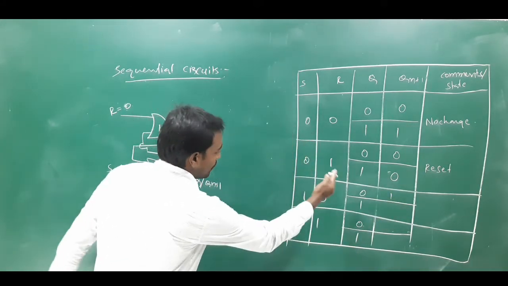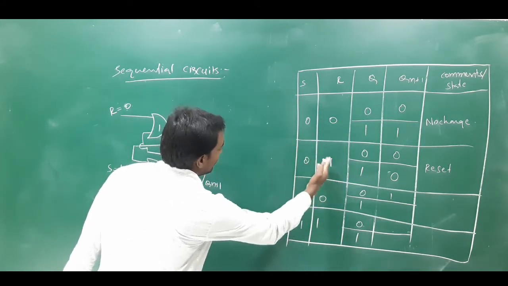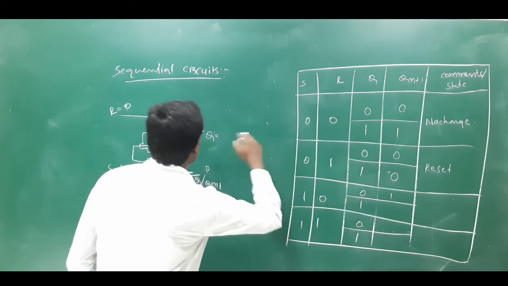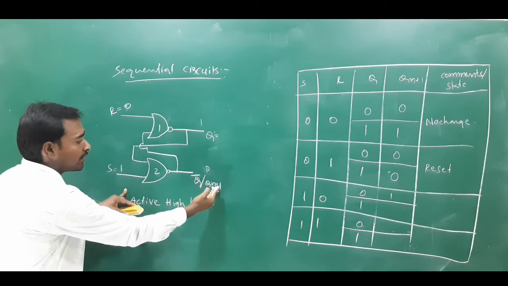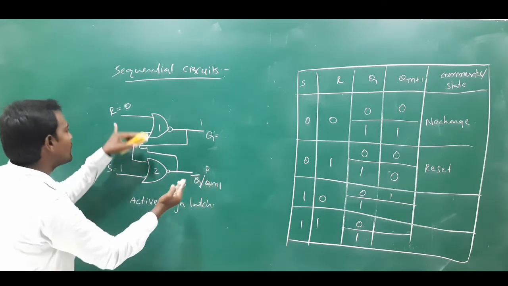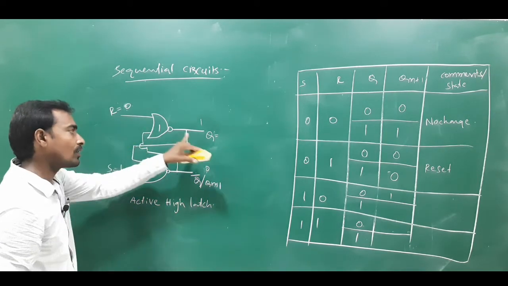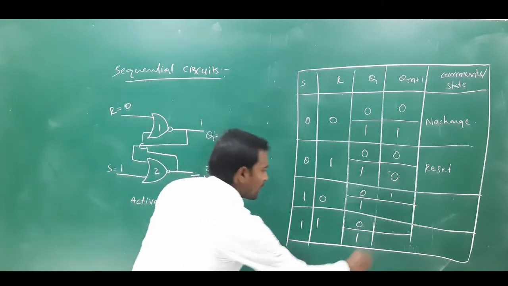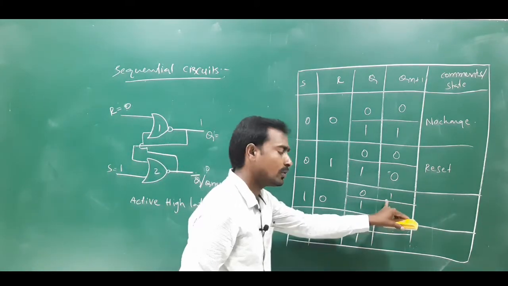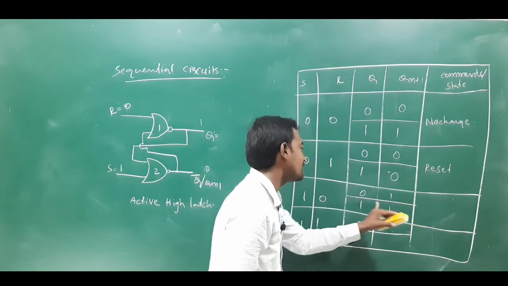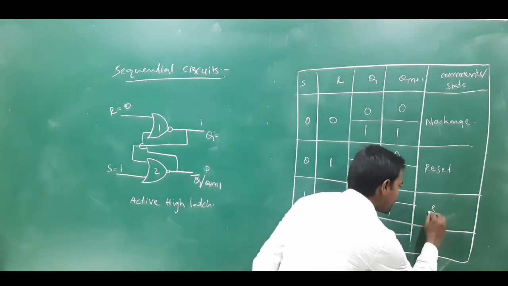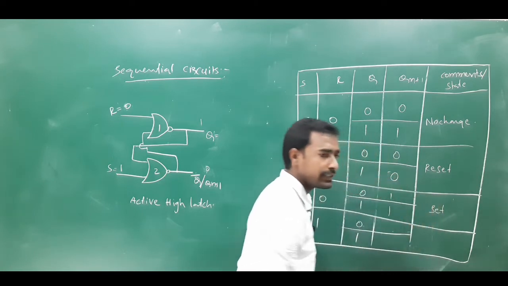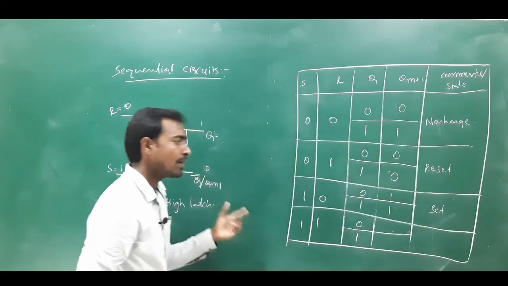Similarly for S equal to 1 and R equal to 0, here I am taking Q equal to 1: 1 plus 1 equal to 1, 1 complement 0 here, and 0 plus 0 equal to 0, 0 complement 1 here. So always the output is 1. That's why this state is called the set condition, because set is indicated with the binary digit 1.